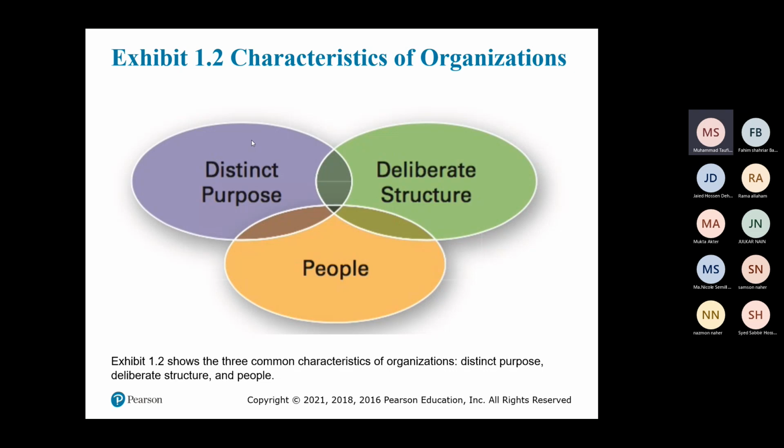And lastly, you must have a structure. If the group of people don't have any structure, then they only become a group of people, like you see in a forum or a WhatsApp group. It's just a group of people that come together, maybe they chat, they do something together.